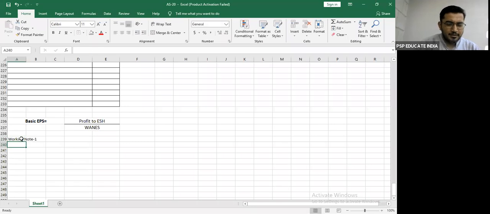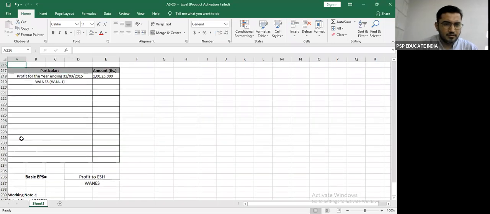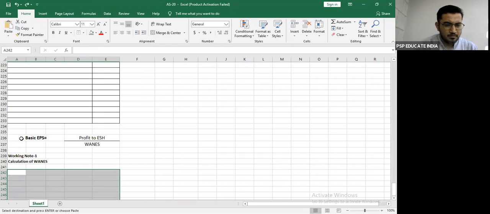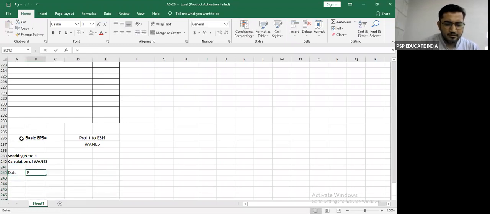Working note 1, calculation of veins. Again, you will need a format. Date, particulars, time weight, and weighted product.